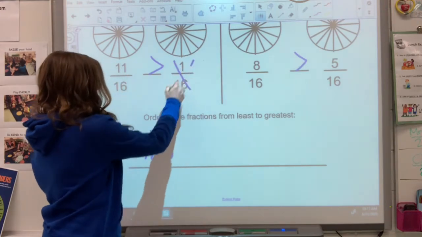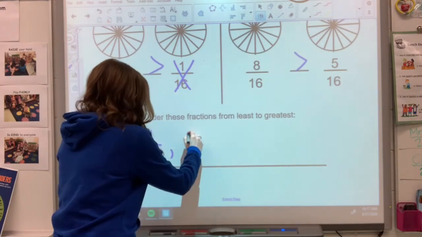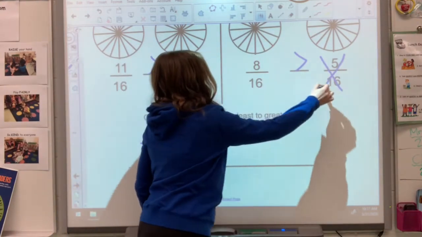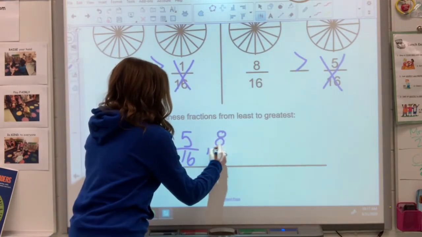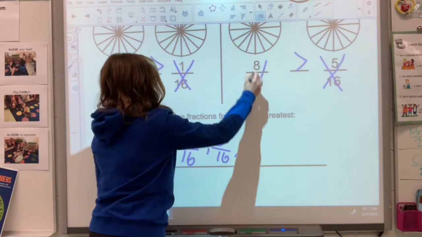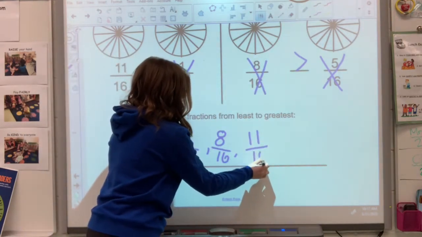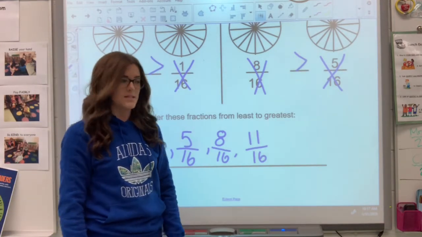I'm going to cross that out so I know that I'm done. The next smallest would be 5/16. I'm going to cross that out. And then I have 8/16. Cross it out. And then my last one is 11/16. And that is how you would order fractions with the same denominator from least to greatest.